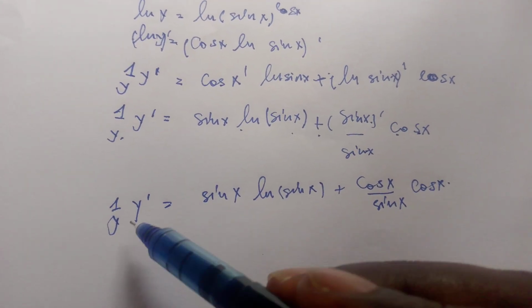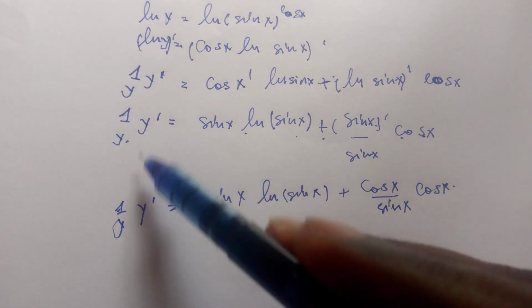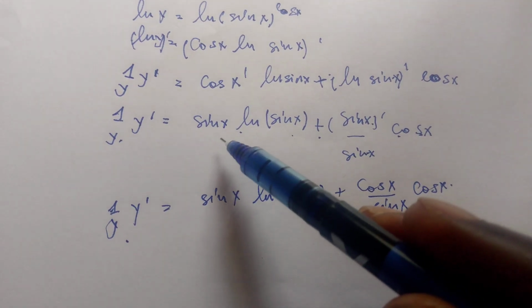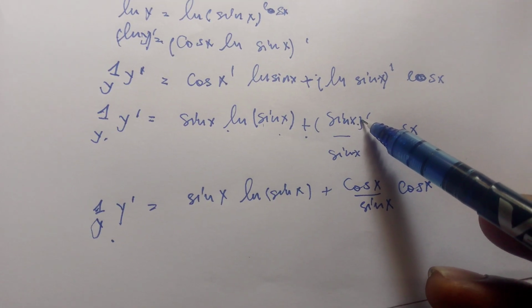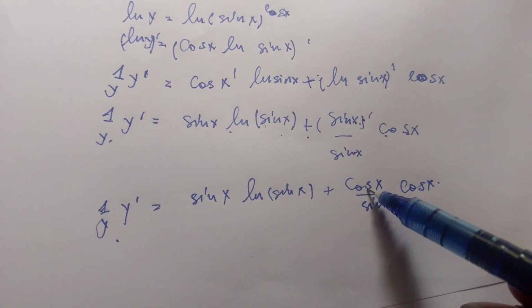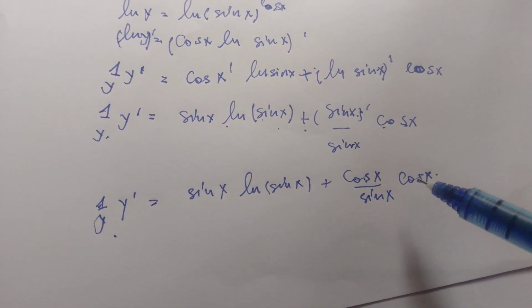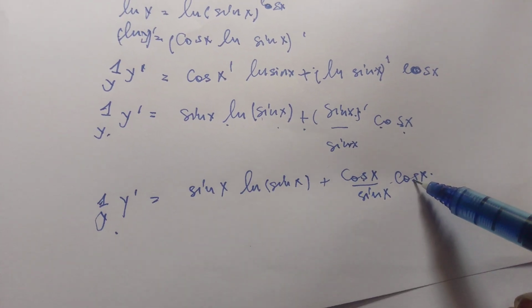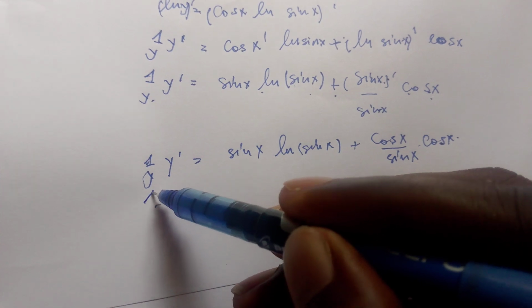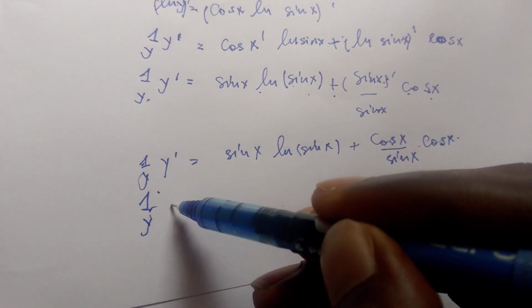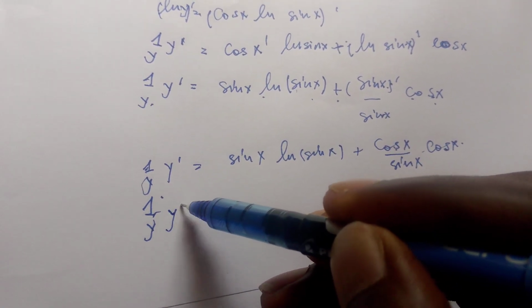Then this is the same as, you can write this and also write this, but here the sine derivative is cosine, then over sine, multiply cosine x. Again, we can write 1 over y derivative.